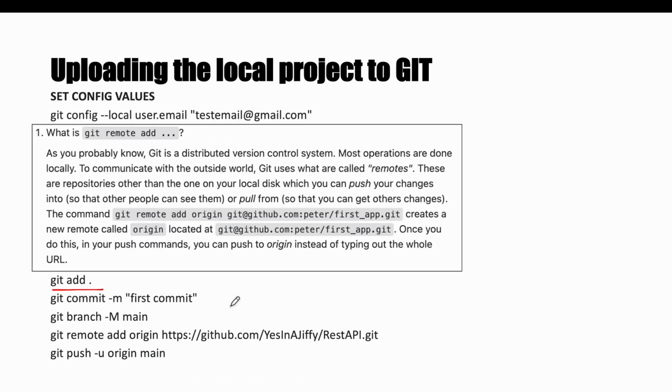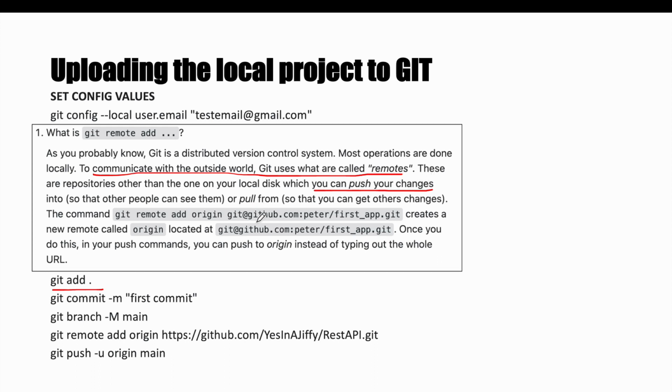The next one is git remote add origin. This is very important to see. To communicate with the outside world, Git uses something called remotes. These are the repositories other than the ones on the local disk, the repositories where you want to push your changes. Basically this is a remote GitHub repository where I want to push my changes.